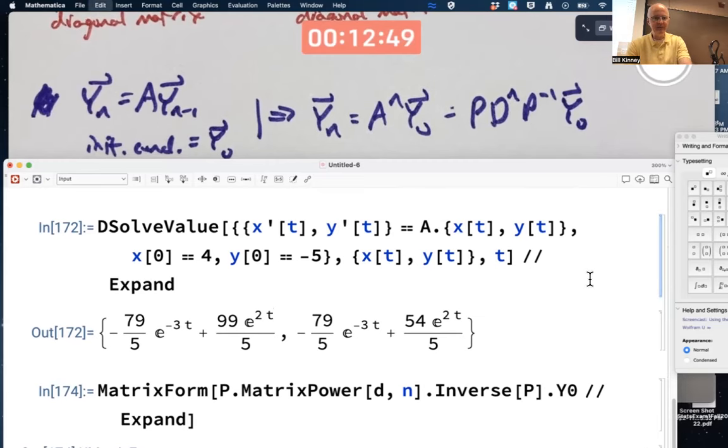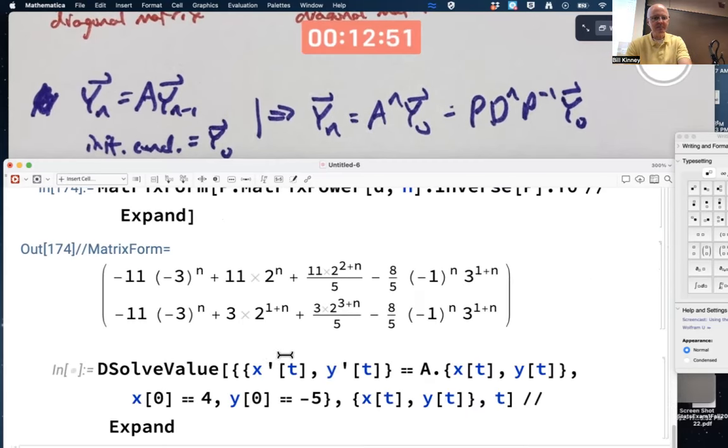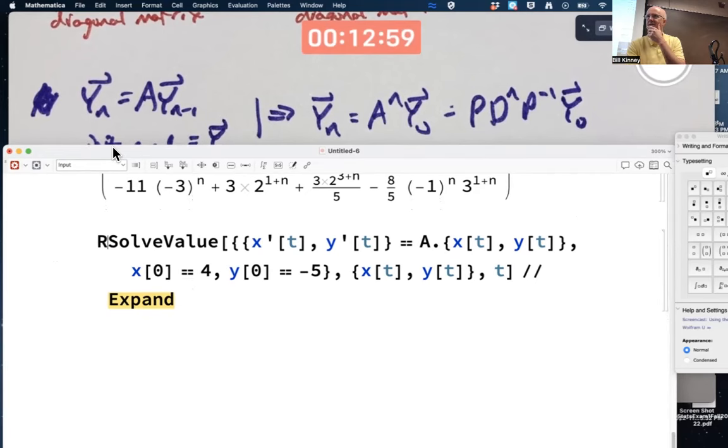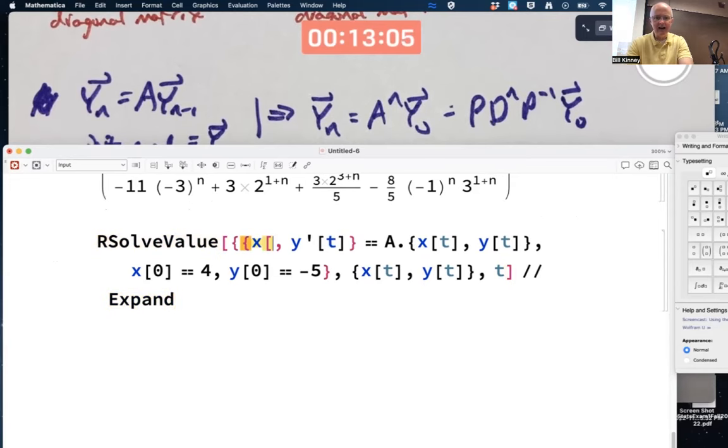Could I use RSolveValue to check? Hopefully. I haven't really talked about RSolveValue in class. It was in one lecture. It solves difference equations. R stands for recursion or something, recursive. Let's see. We don't want derivatives.